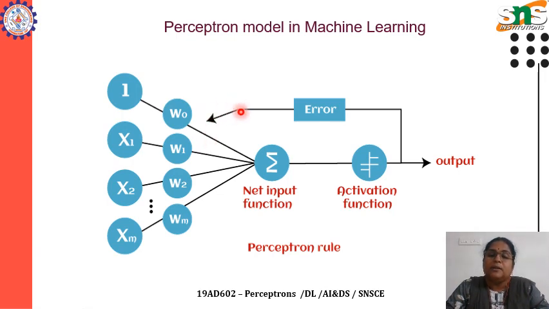So here the error detection and error correction will be done. Then the new weight and input value will be assigned. Then again that will be added together to the net input function, then goes to the activation function, then the proper values will be sent to the output. This is the perceptron rule.